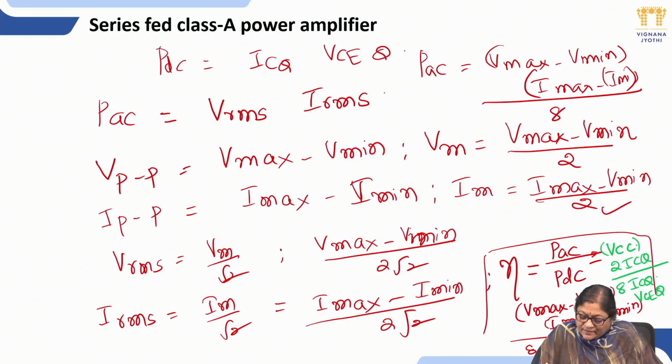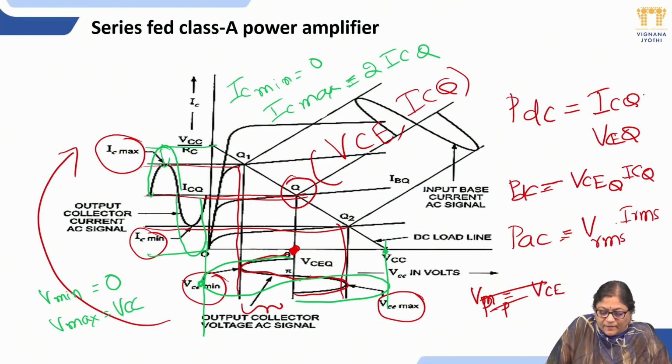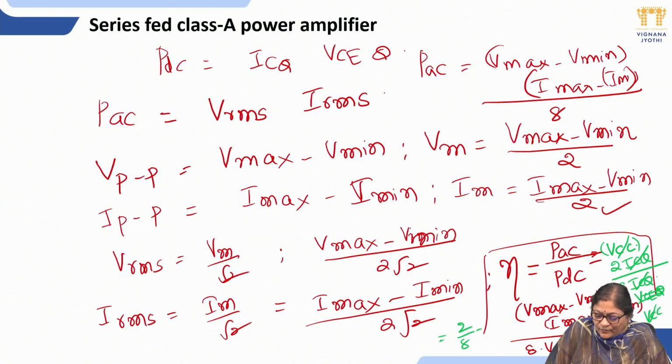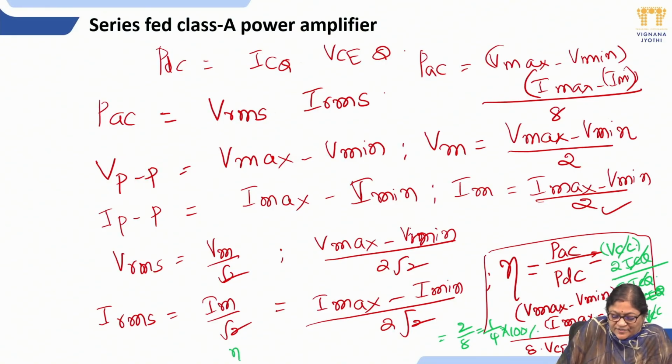The maximum value of VCEQ is VCC, so instead of VCEQ I am putting VCC. ICQ gets cancelled, VCC gets cancelled, it becomes 2 by 8, that is 1 by 4, into 100%. Efficiency is expressed in terms of percentage. So the conversion efficiency for series fed is 25%.